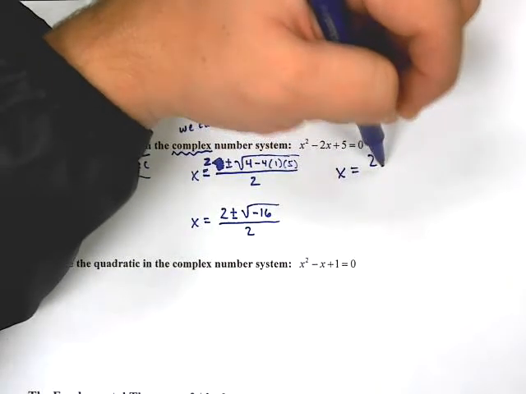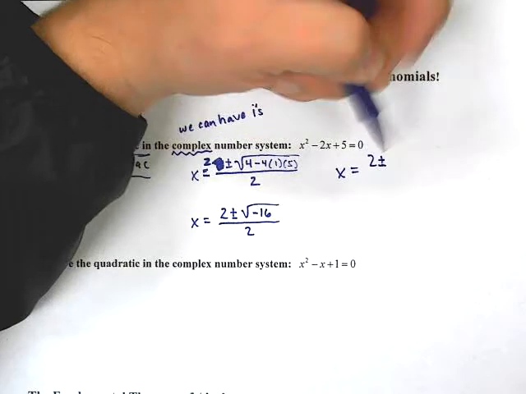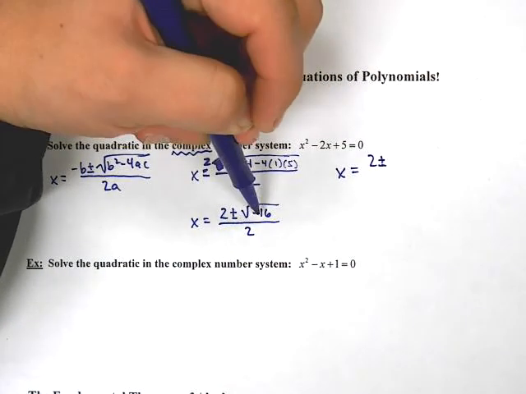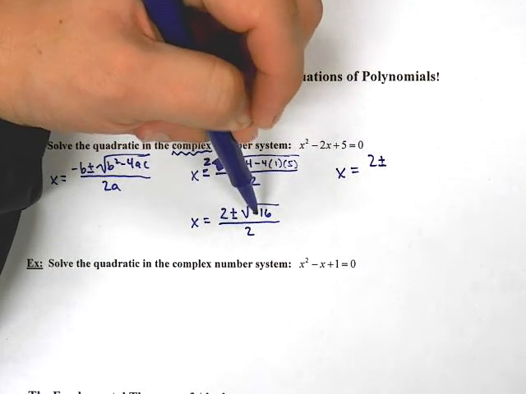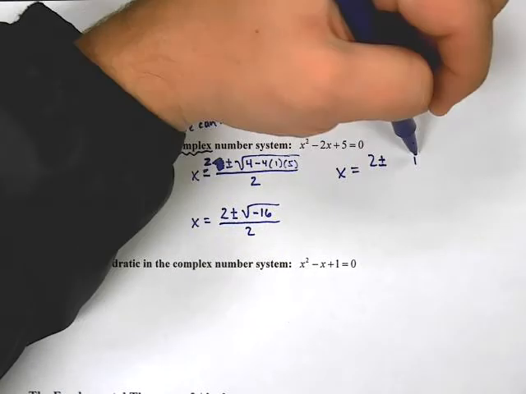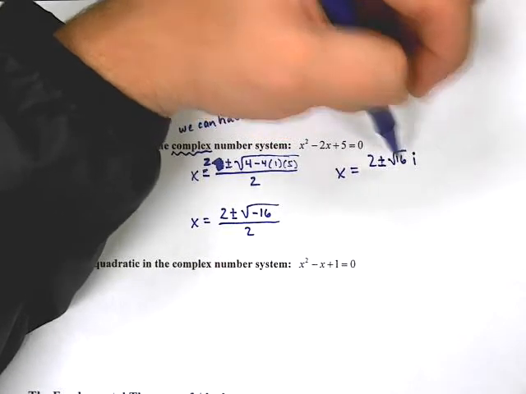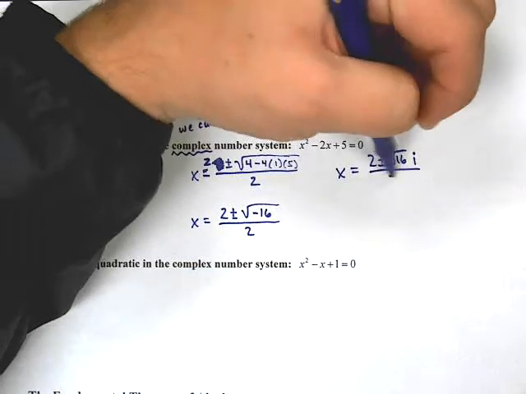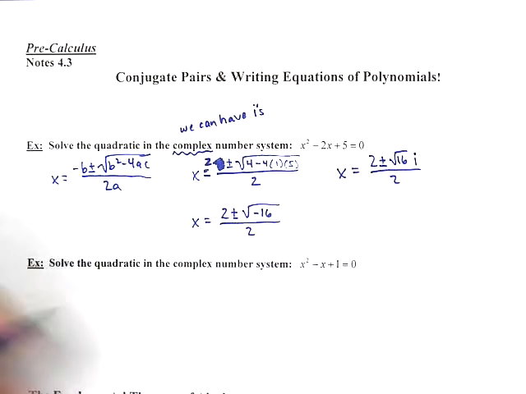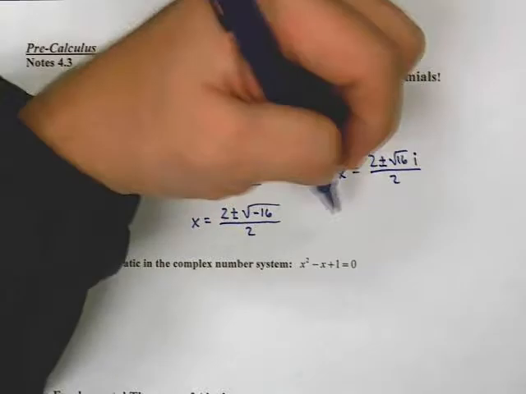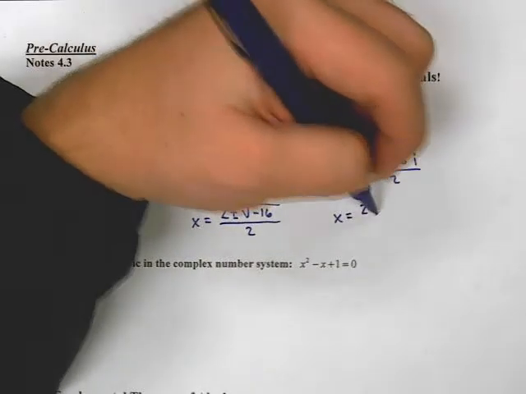2 plus or minus. Now, remember, we always take the negative 1 out. The square root of negative 1 is i, so I know I'm going to have an i. And what's left over? The square root of 16, still all over 2. All I did was remove the negative and put an i. If I keep going, this is nice.